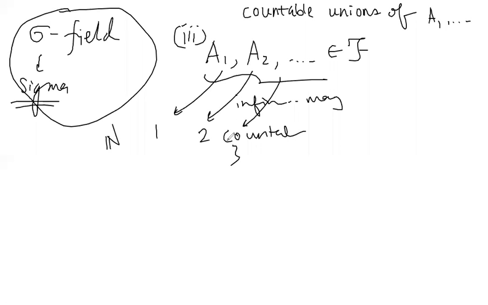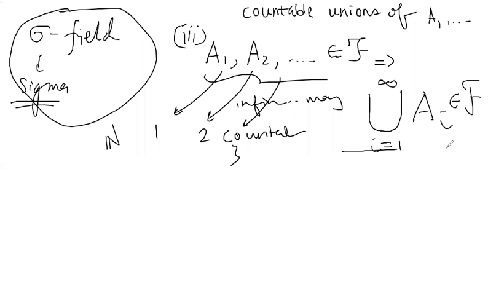So if you have a countable number of elements of F, it implies that their union is also in F. If you keep on taking unions infinitely, it's still inside F.